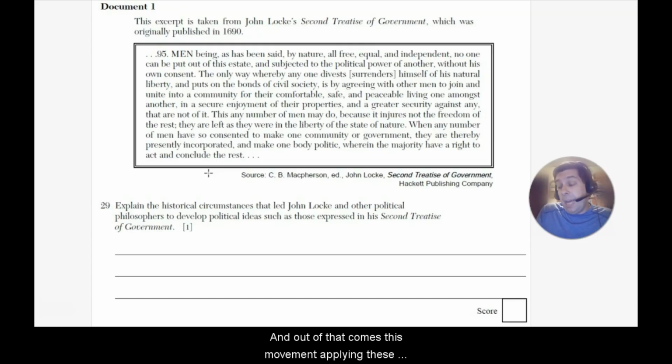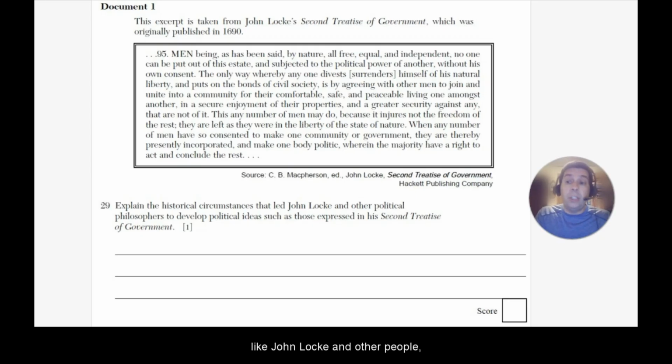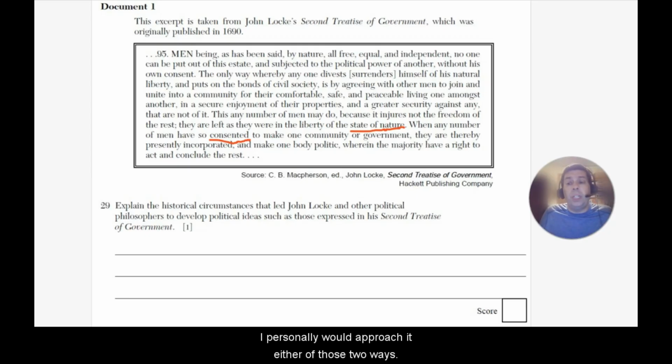And out of that comes this movement applying these natural laws to society. So investigating the natural laws in society leads people like John Locke and other people, Montesquieu, Rousseau, all those other people we're talking about here, to say that in natural laws in a state of nature, the best kind of government is with the consent of the governed, right? So I personally would approach it either of those two ways.